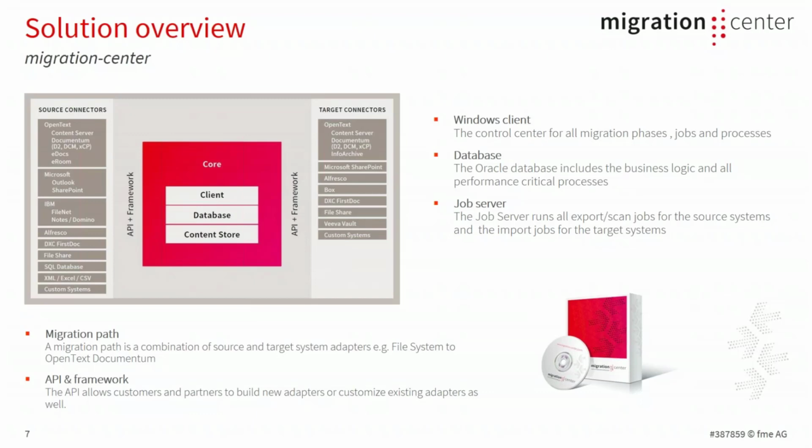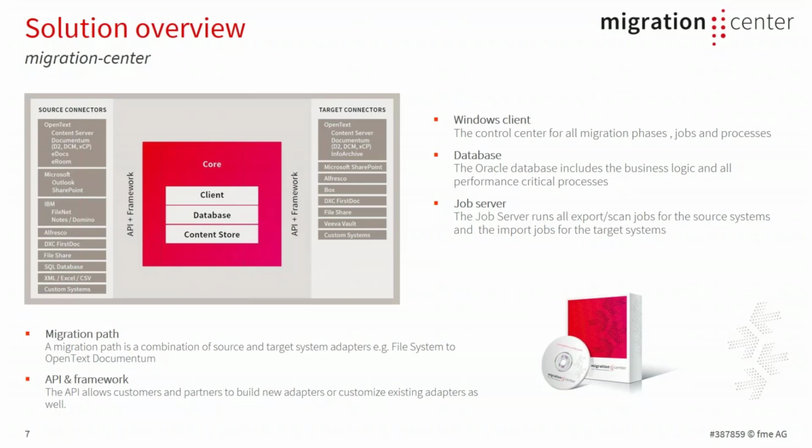Then there is a database in the middle, which includes the business logic, but also all performance critical processes. And finally, there is a job server, which mainly contains the export capability. So that means, as we call it, connectors to the different systems, and also the importers to the target systems.